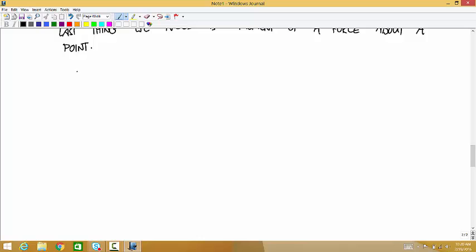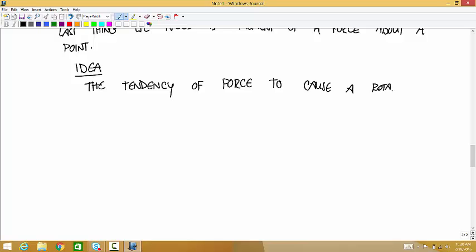The idea is that the tendency of a load, or the tendency of a force, to cause a rotation depends on the force.